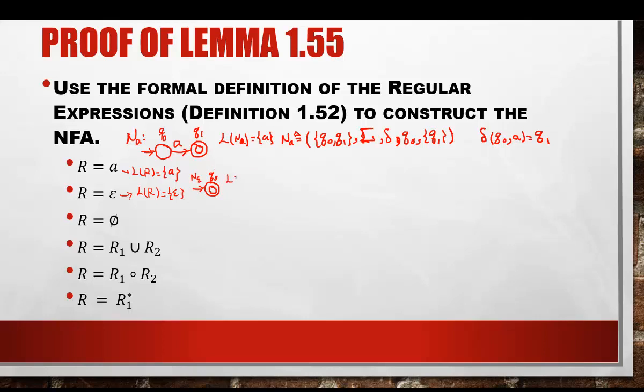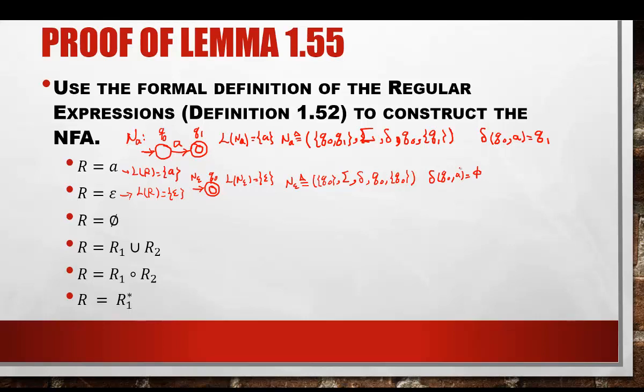So the language of N sub epsilon is also the empty string. N sub epsilon is formally defined as the set Q sub 0, sigma, delta, Q sub 0, and the set Q sub 0 for the accept states. And delta of Q sub 0 and A is equal to phi.